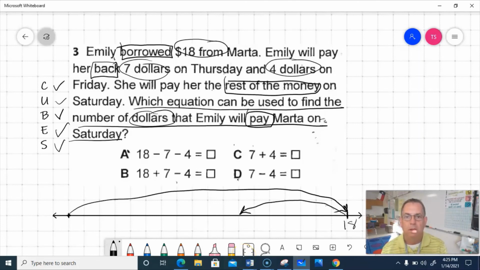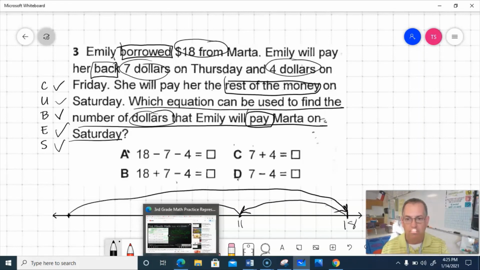And then on Friday, paid her back another $4. So this would be the amount of money she's going to pay her on Saturday. So from 18 and 7 back, that would be 11 right there. And then from 11 back 4 more, that would be 7. So she's going to pay her back $7 on Saturday.